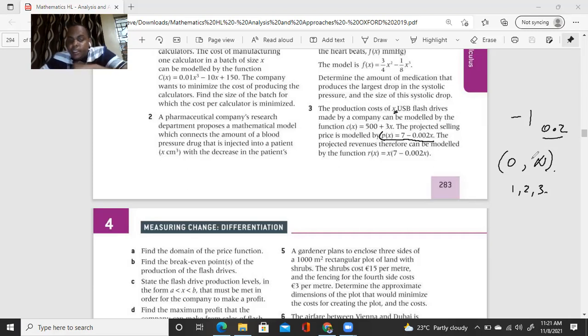So I'd say 0 to infinity, simply because the number of USB drives cannot be negative. Right. According to the book, it's 0 to 3,500, but I'm not sure how they got there.